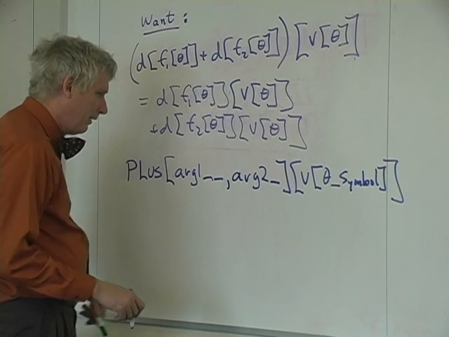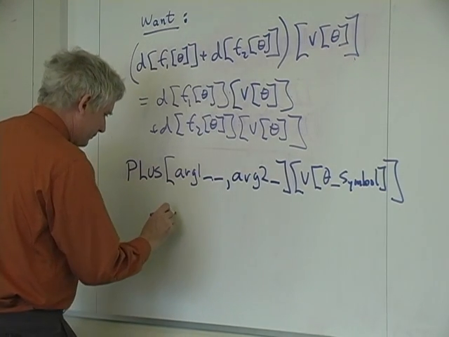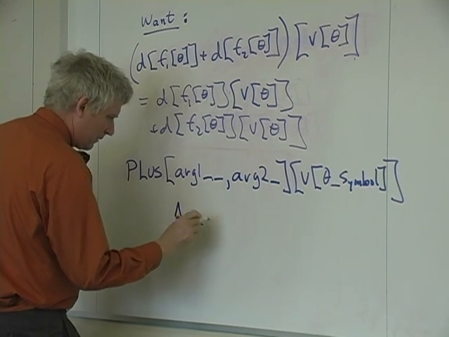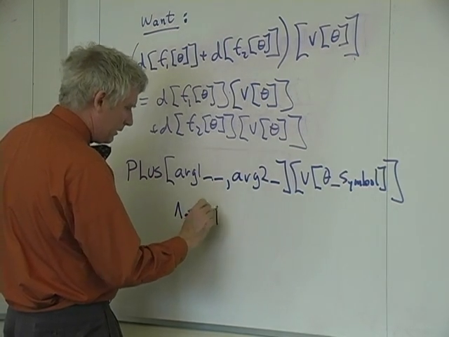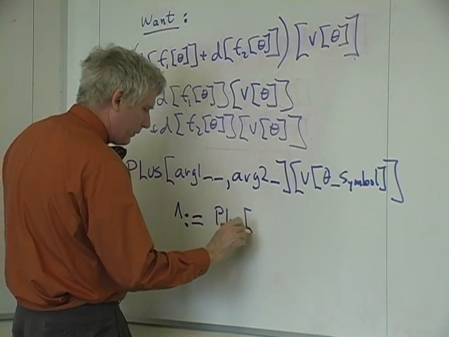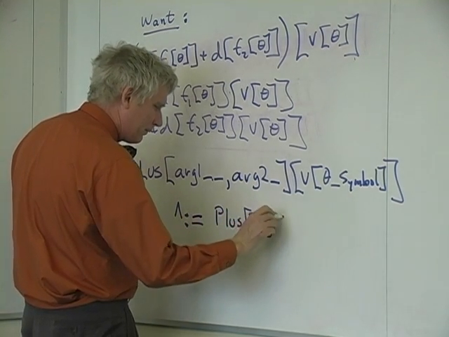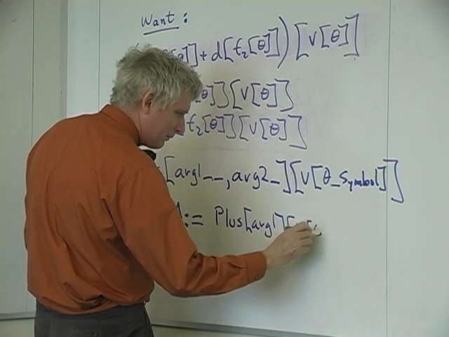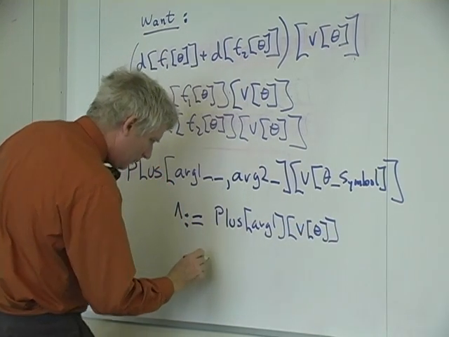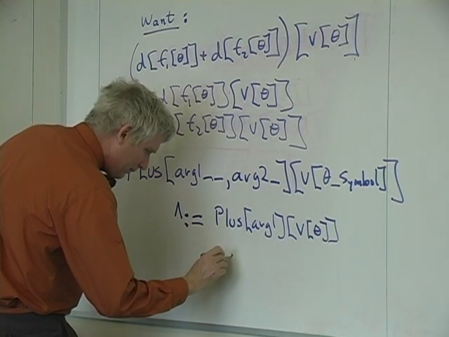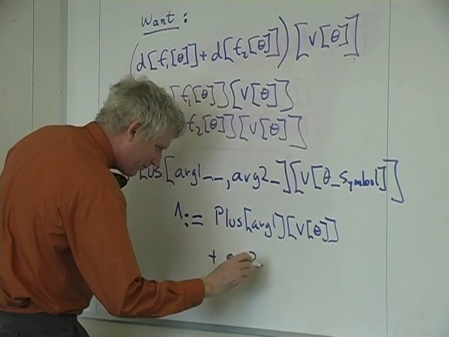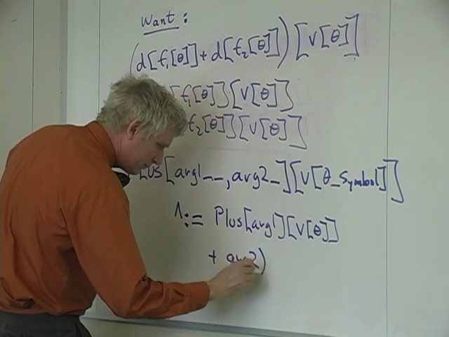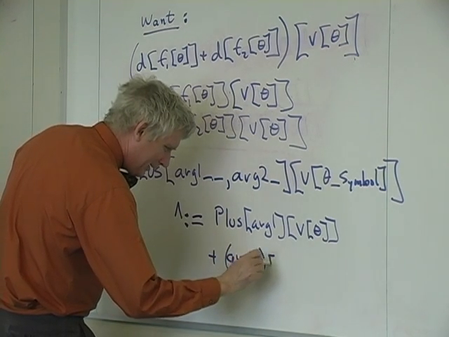And wherever we see that, we write that as arg1 plus arg2, acting on a vector.